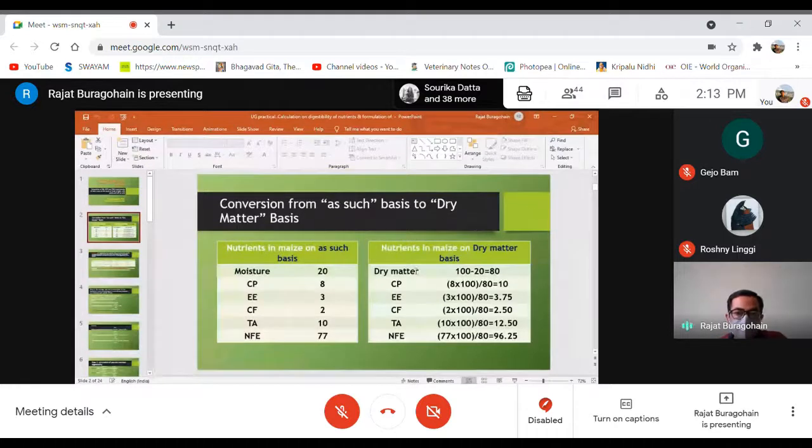And therefore, regarding this conversion, all of you should be very, very clear. So, although I have discussed this, I still want to make it clear like this.